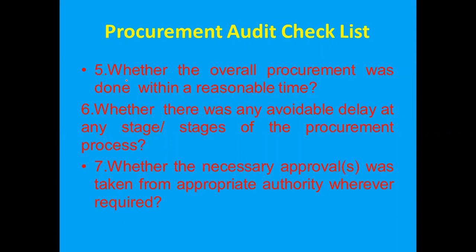Next point, whether the overall procurement was done within a reasonable time. So whether all the procurement process was done in the given, reasonable time or not, that is also one type of checklist you have to follow.